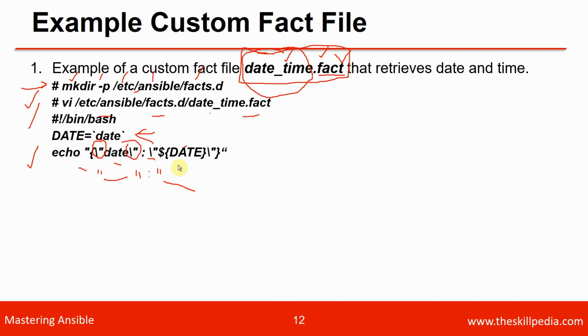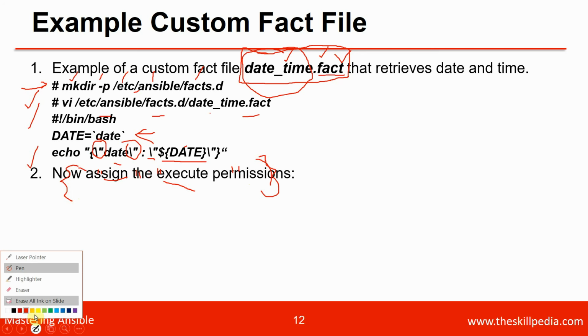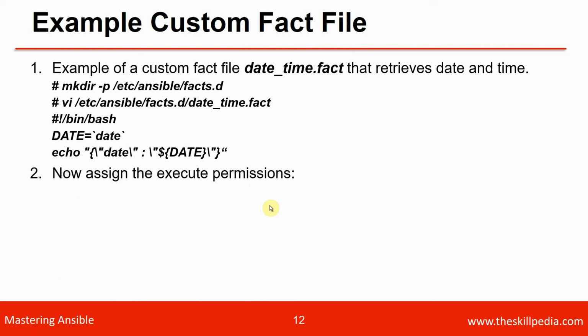So within curly braces, this is interpolation of variables. So it will print the value of the date in double quotes, and this is a very simple example. In curly braces, that means it is an example of a dictionary variable. So this is how you can create it. It is returning a dictionary type of element. Based on this output, you can easily understand that.